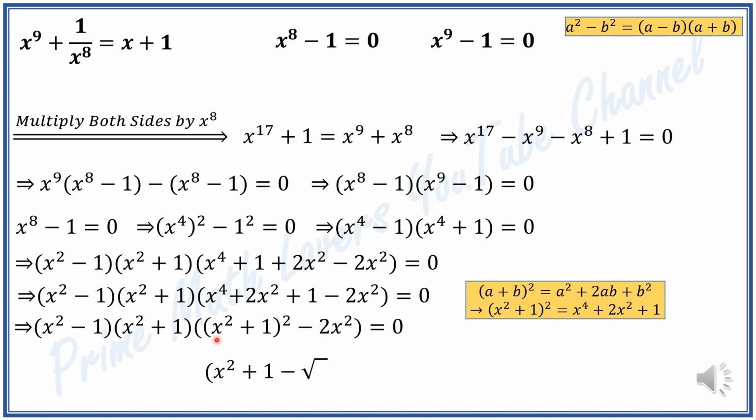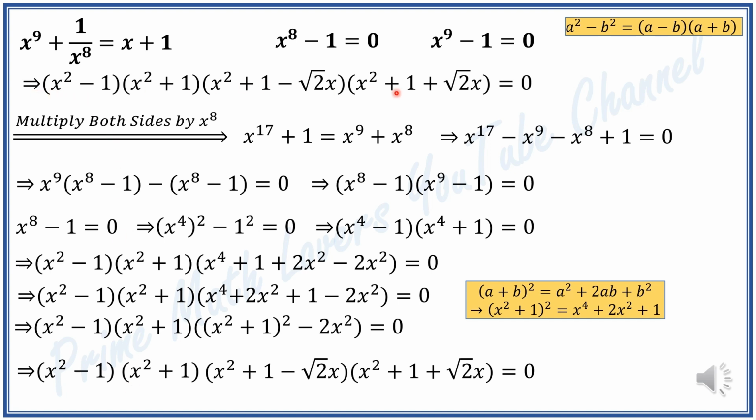So I'll get x squared plus 1 minus square root of 2 times x and x squared plus 1 plus square root of 2 times x. And the first two terms are the same. So x squared minus 1 times x squared plus 1.